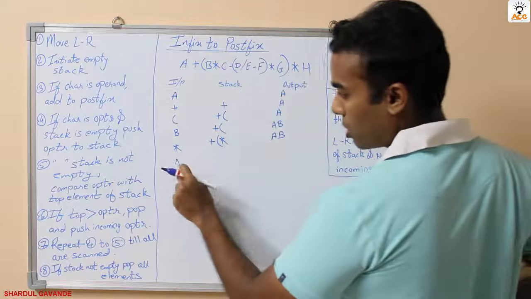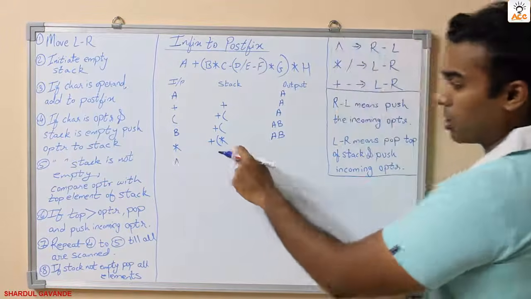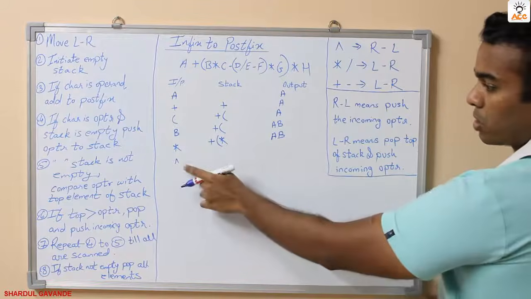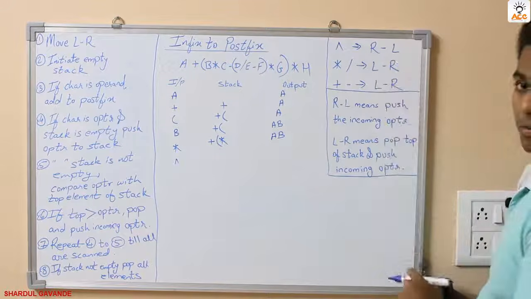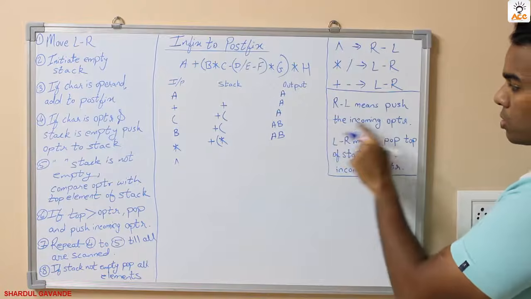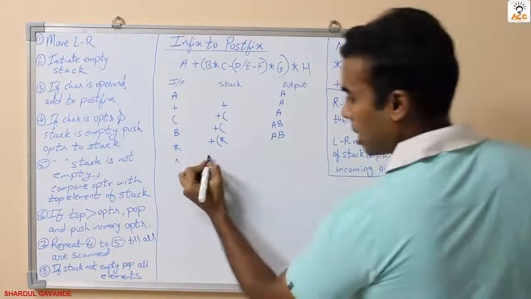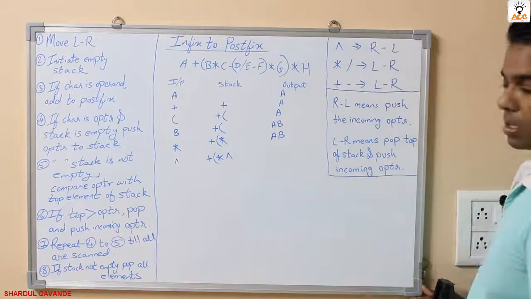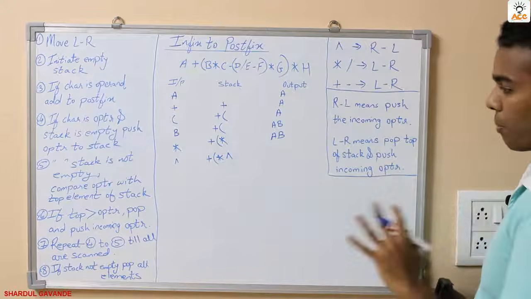So since now this incoming operator is greater than the top element, we'll check the associativity property. Associativity of this is what? Right to left, and right to left means what? Push the incoming operator. So I'll directly have star, and then over here I'll directly push the incoming operator.